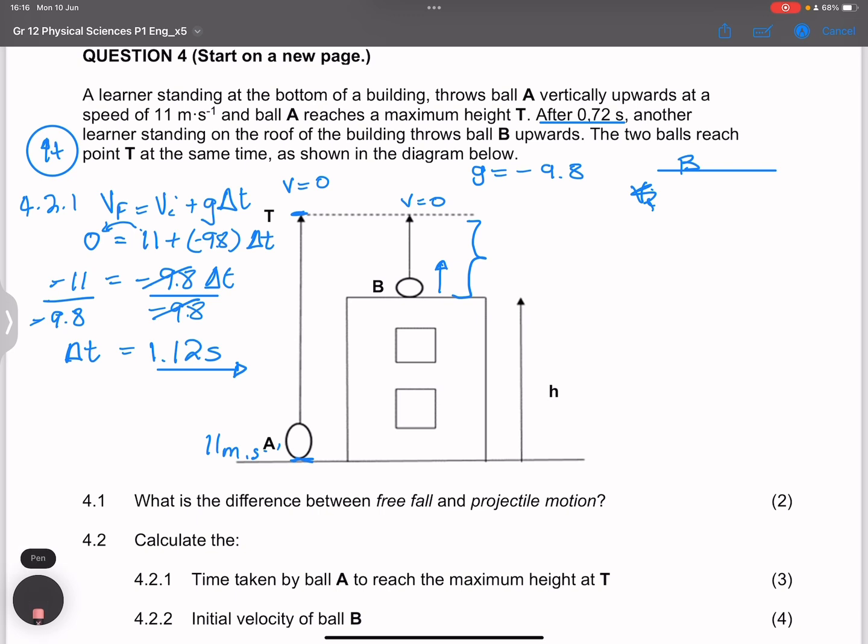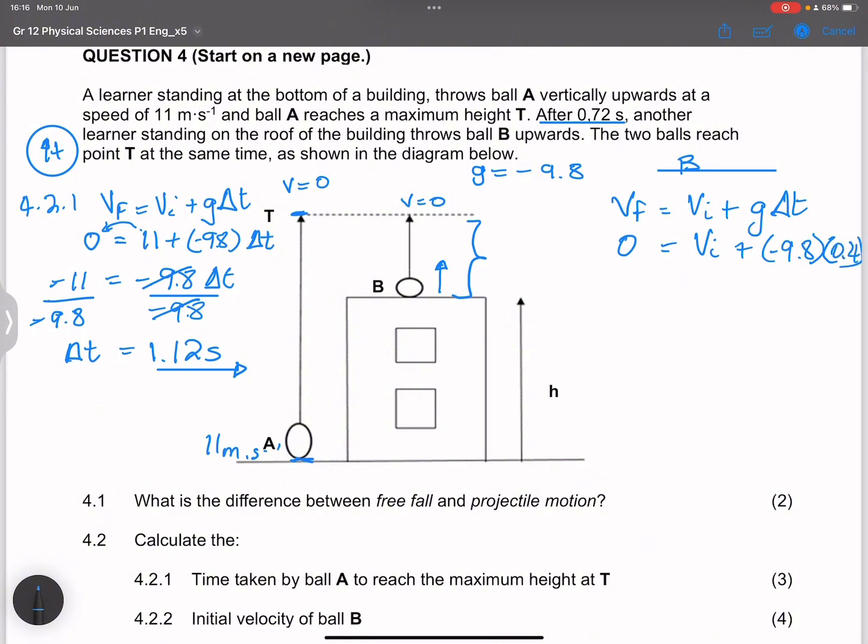Okay, so again, VF is VI plus G delta T. Our final velocity is 0. We are looking for initial velocity. Gravitational acceleration is negative, right? But now we know the time that it took. We said that's 0.4 seconds.